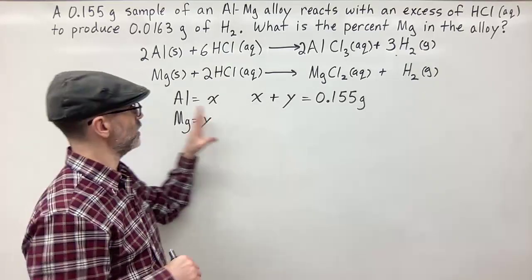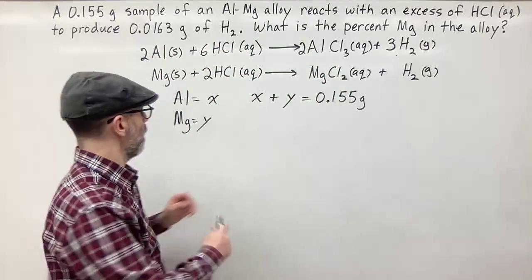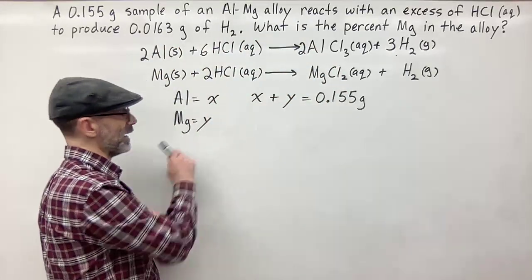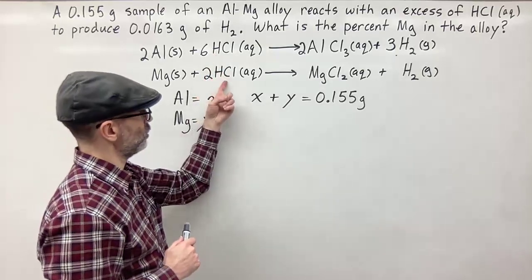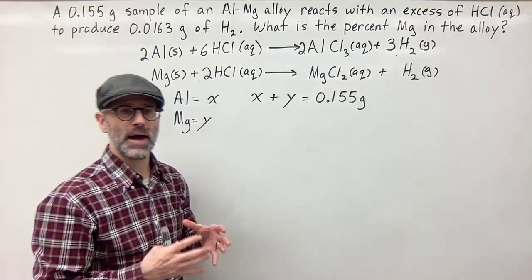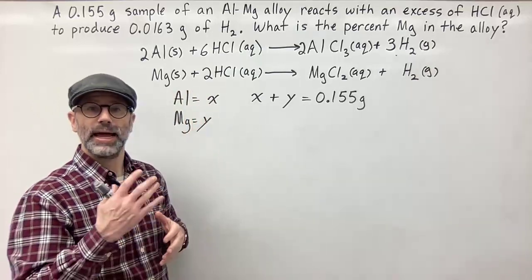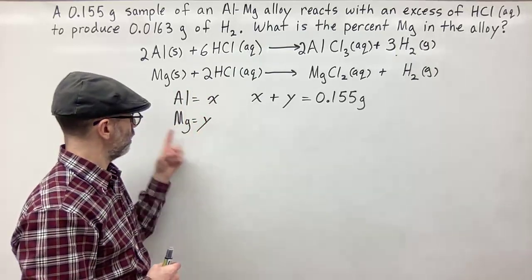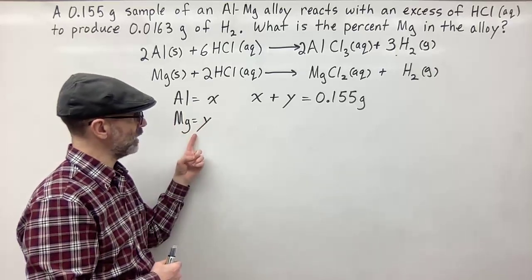This is where these balanced equations are going to come in, because I know that both the aluminum and the magnesium in my alloy react with HCl to form hydrogen gas. So I know that a certain amount of hydrogen gas is produced from the aluminum, and the other part of the gas is going to be formed from the magnesium.